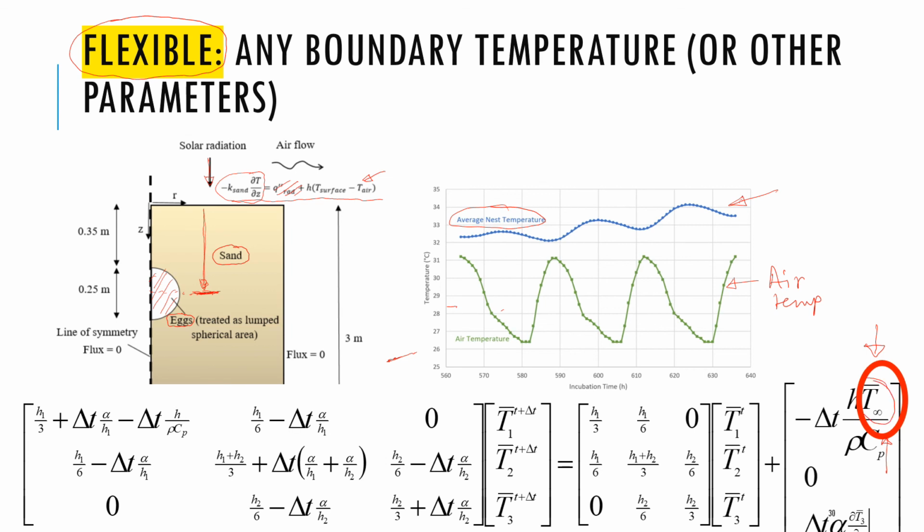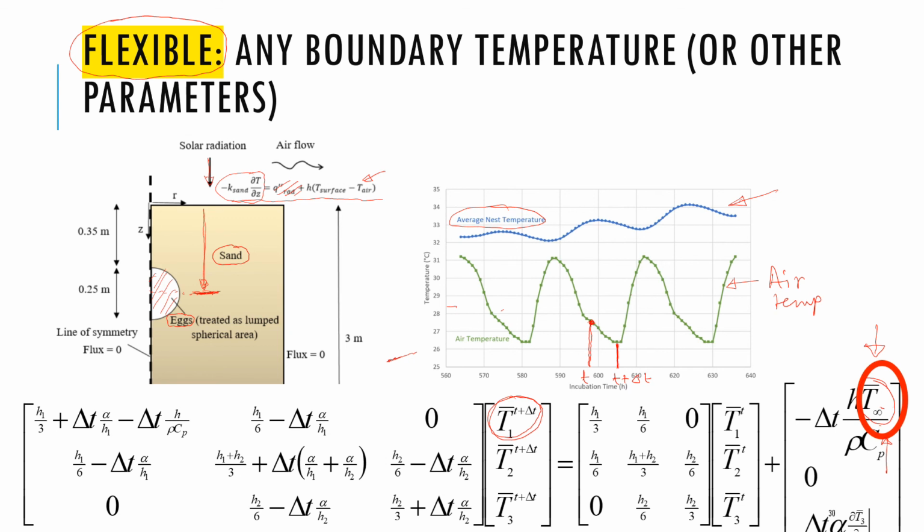So when I'm calculating temperature at time t plus delta t, let's say this is my t and this is my t plus delta t, I need the air temperature. I can use the air temperature from here, for example. I know this temperature, so I use this value. And by using that, I calculate temperature at t plus delta t.